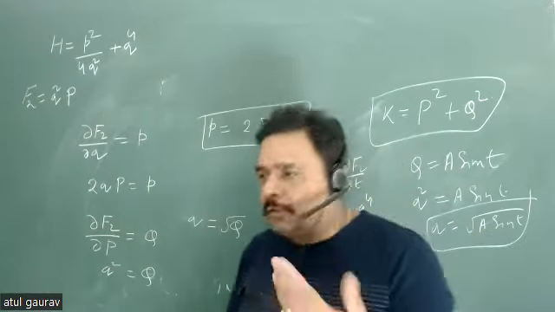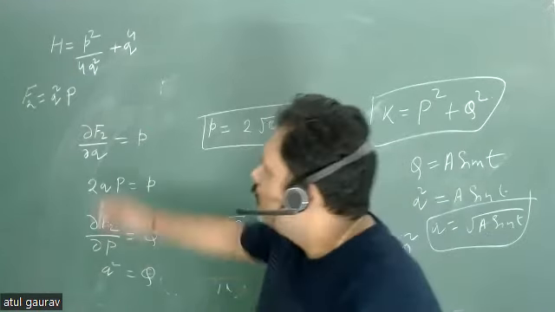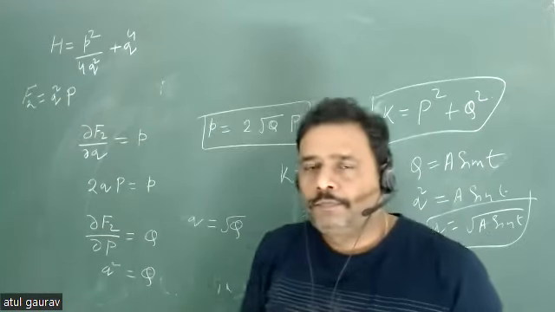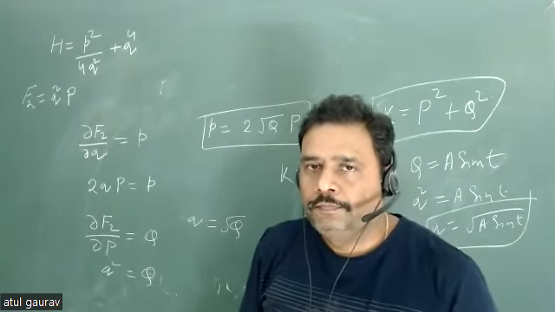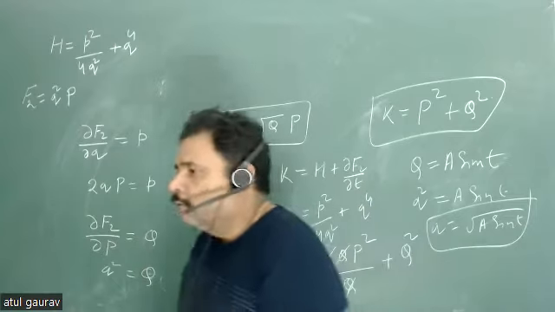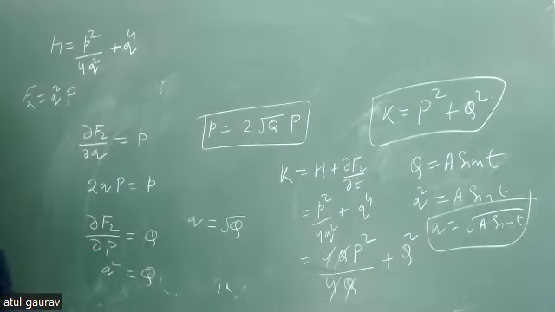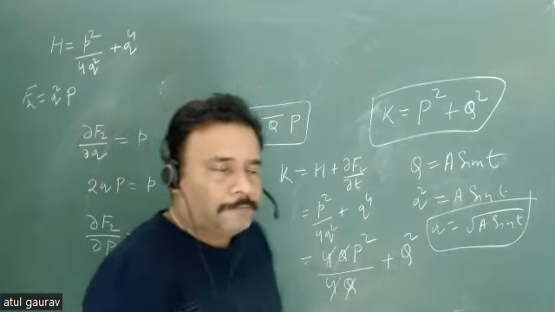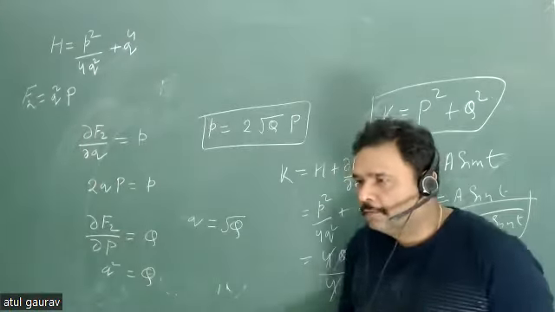Even if you use computers, it will create a problem. So now you can see how strong the transformation is, and why there is a need for a different type of beautiful transformation known as canonical transformation. Are you getting my point?